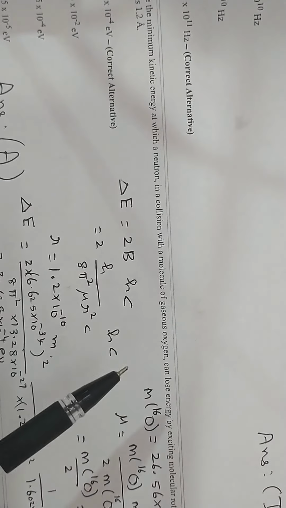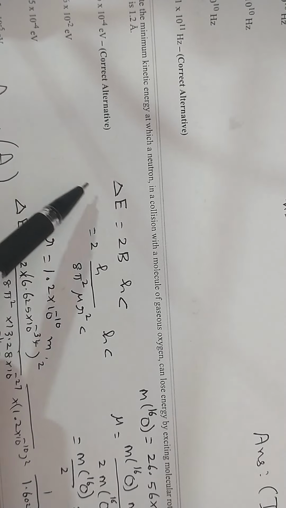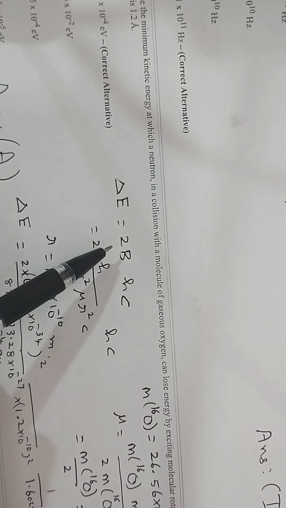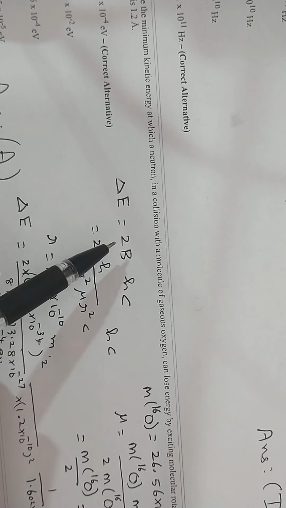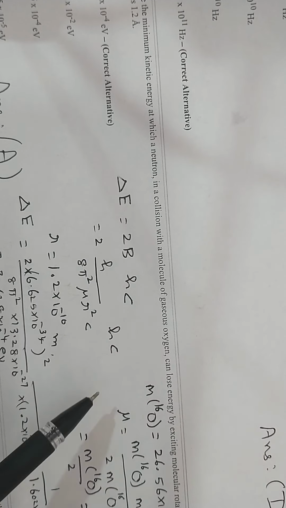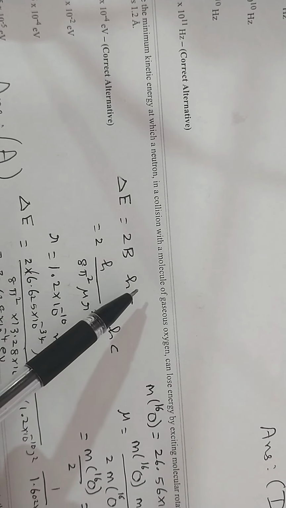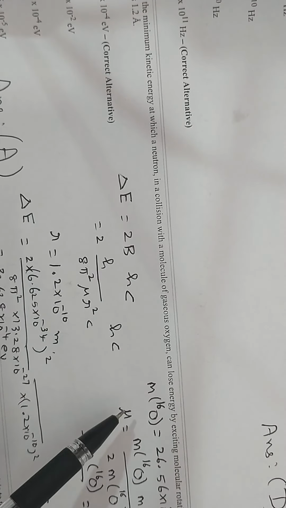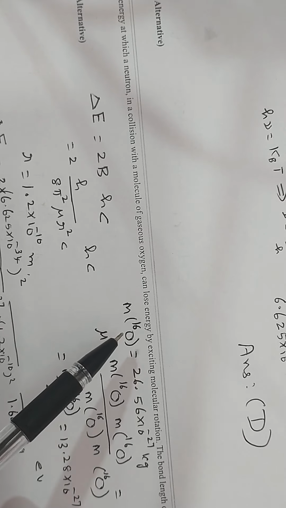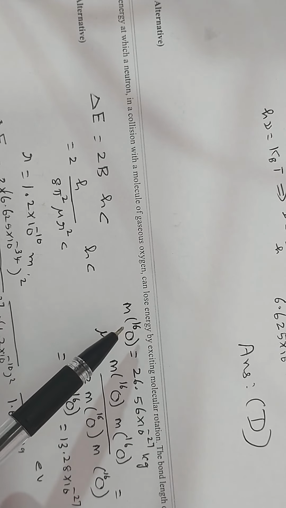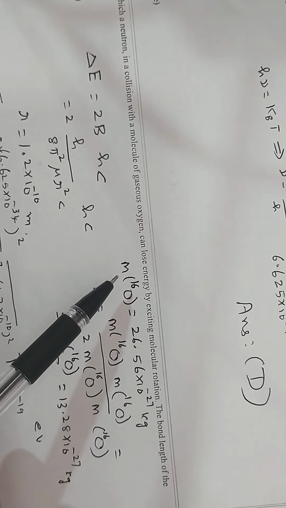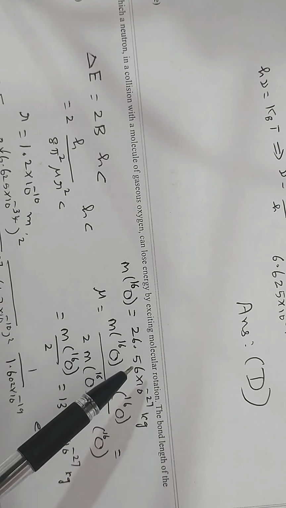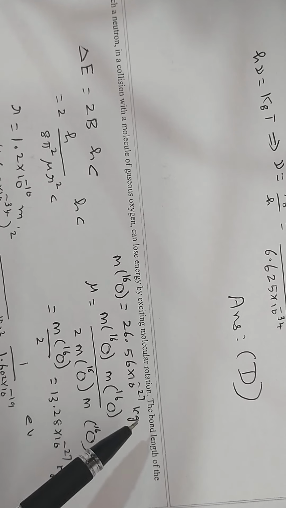Here delta E is equal to 2B Hc, where B is the rotational constant. Once you multiply by Hc, you will get the energy in joules. The mass of the oxygen molecule is not given in the problem, but this value is given here, which is 26.56 × 10^-27 kilogram.